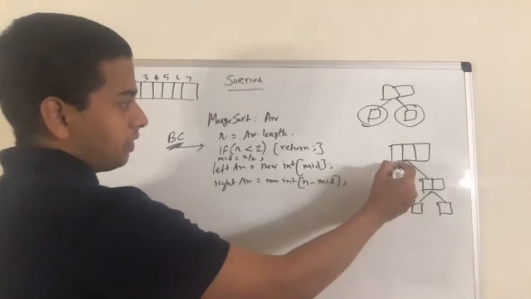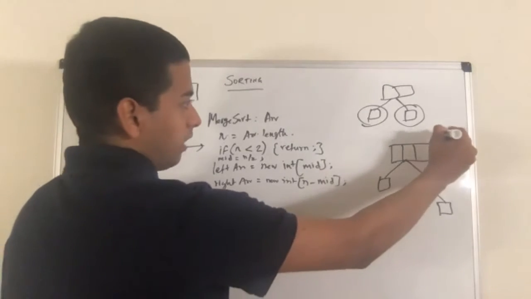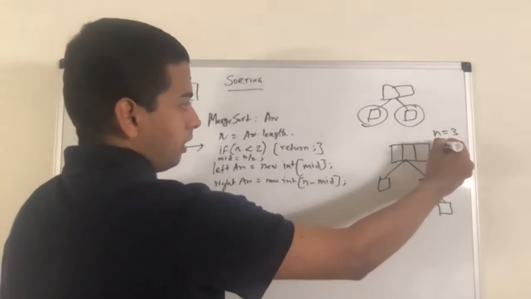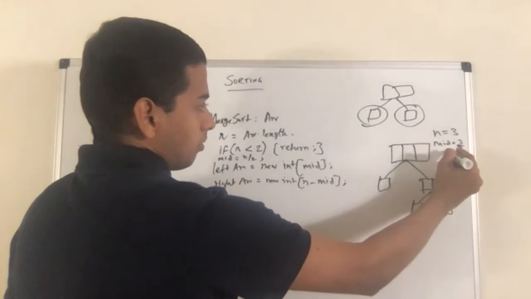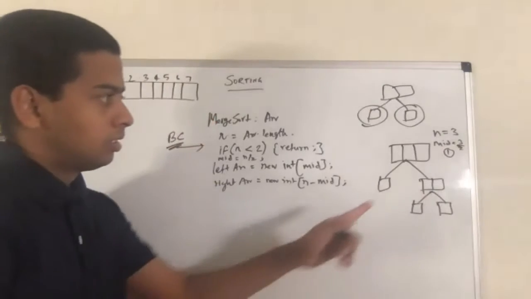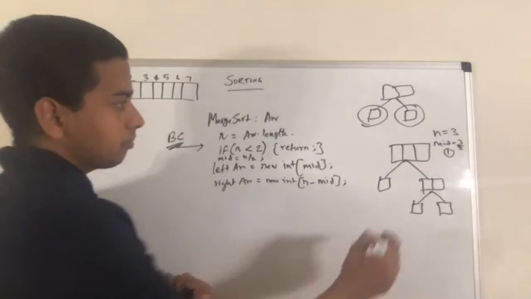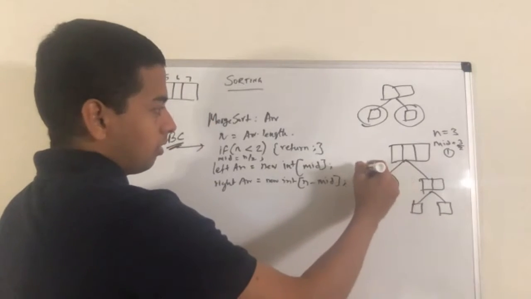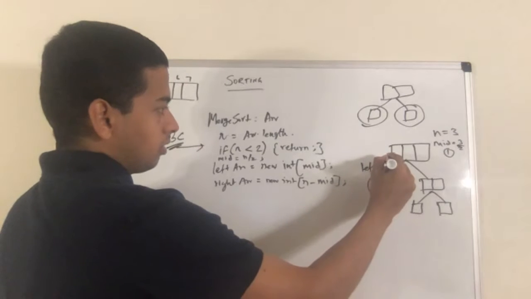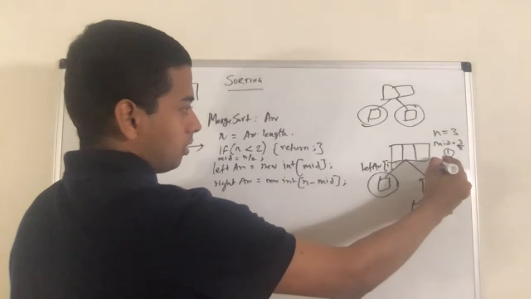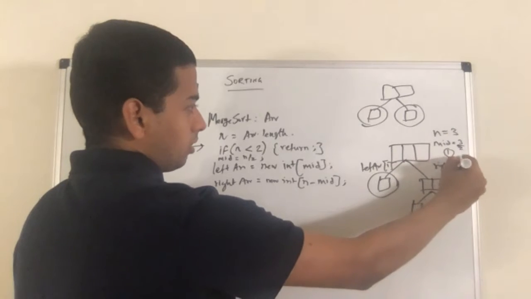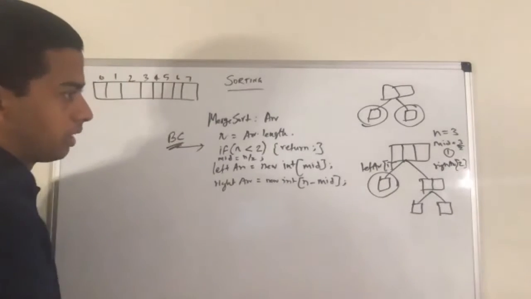Basically, if the array size is 3, n will be 3, mid will be 3 by 2, which means 1. So left array will be size 1, right array will be 3 minus 1, which is 2. Right array size will be 2. Okay, so that's what we have done here.